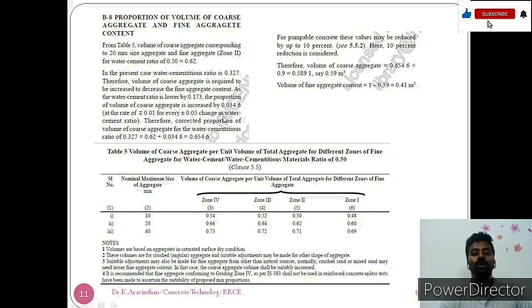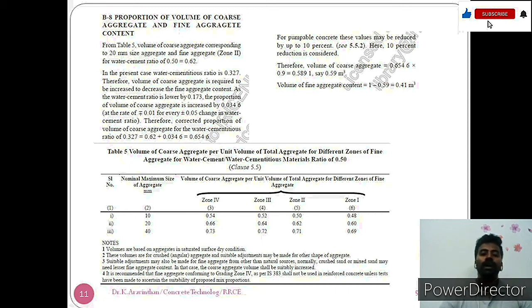So if you interpolate 0.173 by 0.05 into 0.01, you get 0.0346, which is the exact amount by which the coarse aggregate should be increased from the guided value. The guided value is 0.62, so 0.62 plus 0.0346.